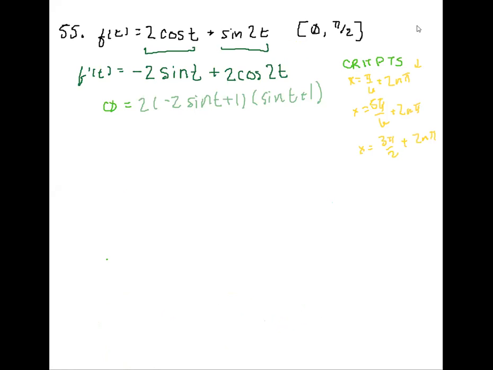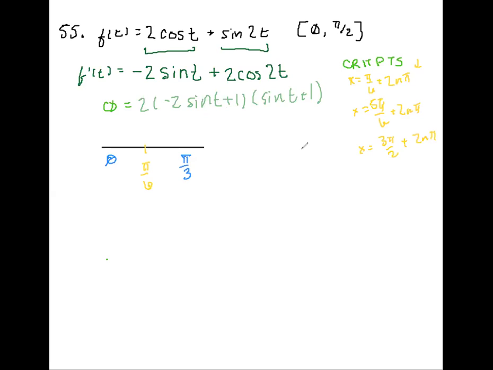I'm going to set this up so that we can do a quick test, line test. If I have pi over 6 right here, and then I have 0 and pi over 3, this is going to be 2, -2 times sine of 0.